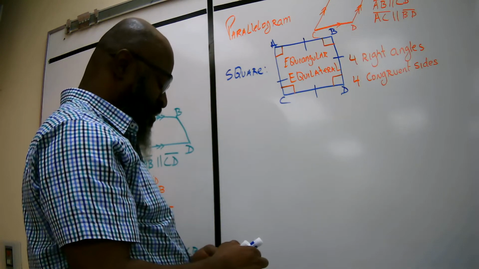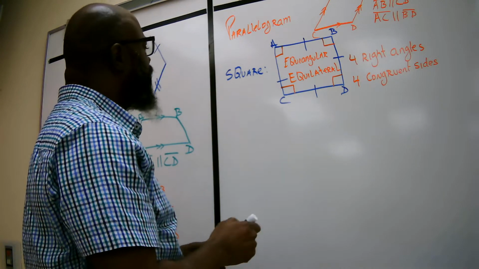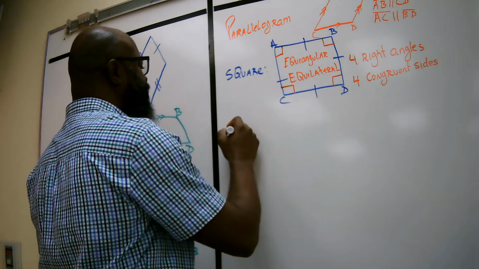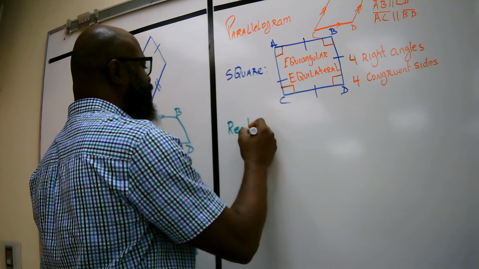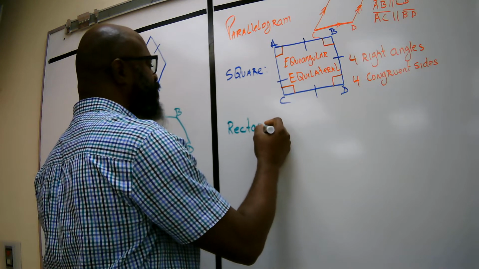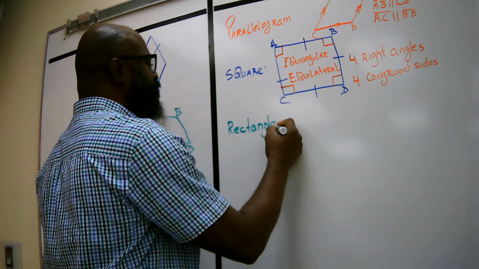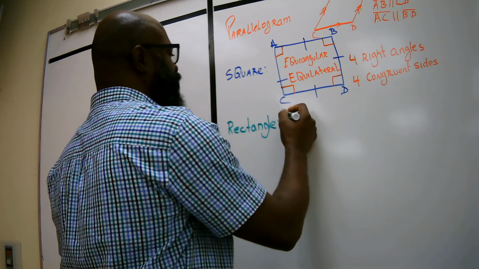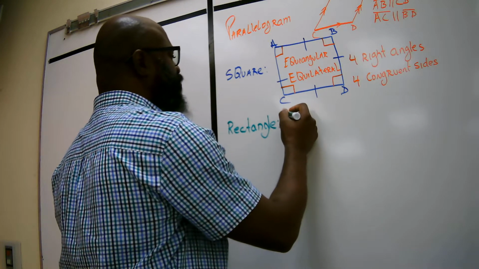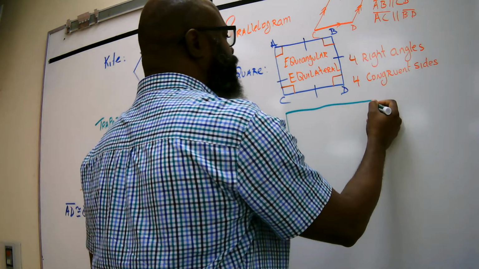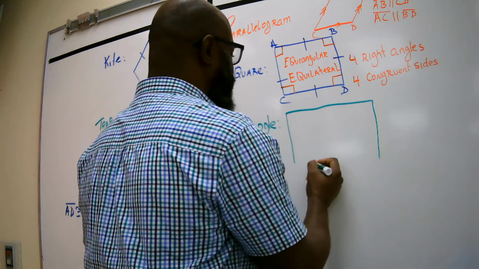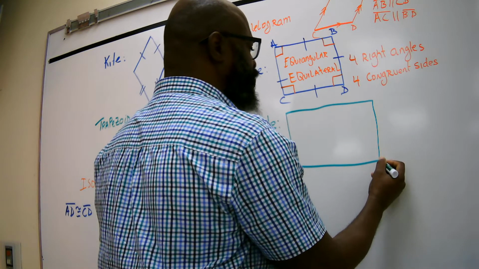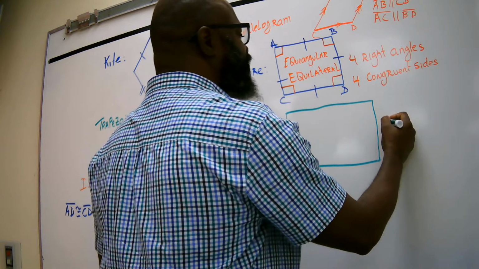That's a square. Next one, you have what you call a rectangle. A rectangle has 4 right angles.